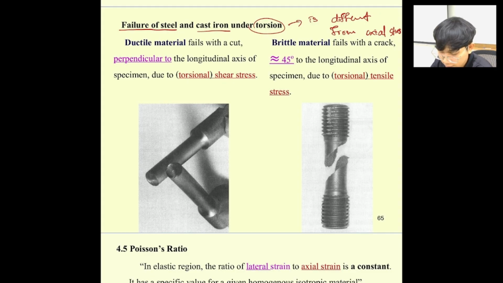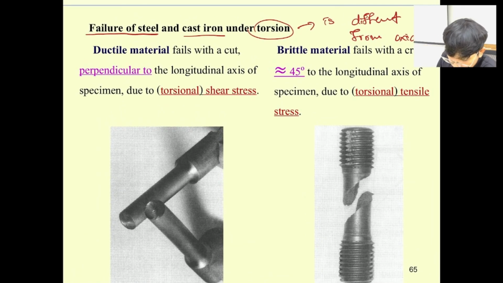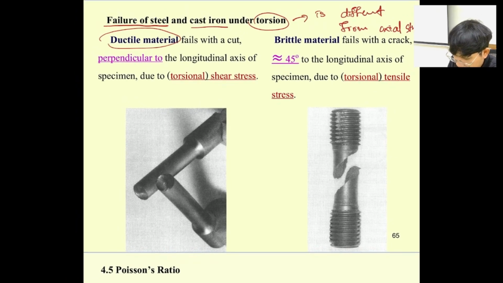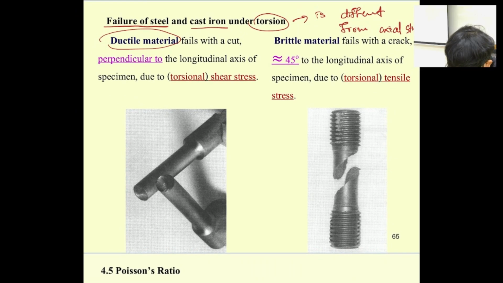So I'm going to include it again in here. When it is a ductile material, for example, like steel, then we apply torsion, and then the failure under torsion is going to be at an angle of 90 degrees over here.